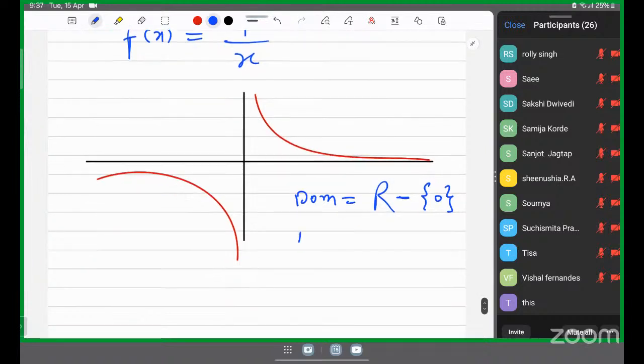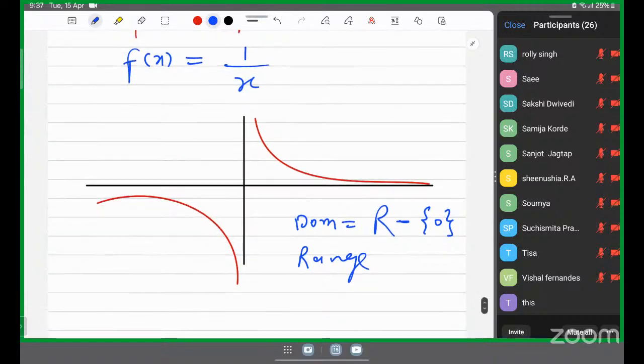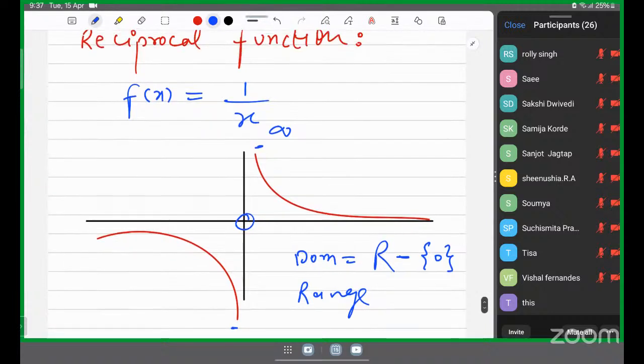What do you think about the range from the graph? It is starting from here and it is going here. So it will start from minus infinity to plus infinity. But the interesting point is the graph is never going to attain 0. Remember, f of x is 1 by x.